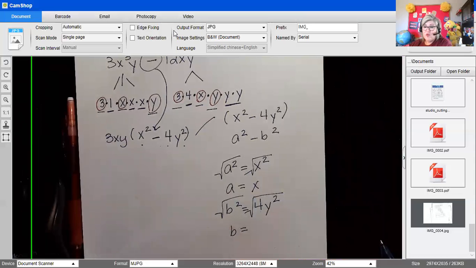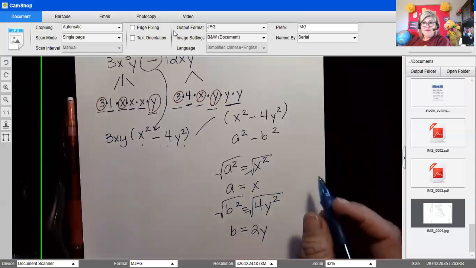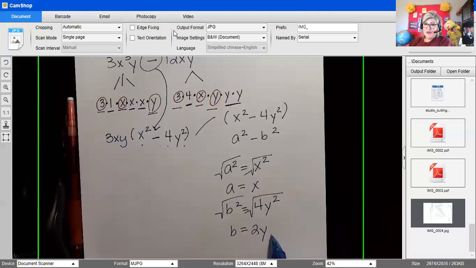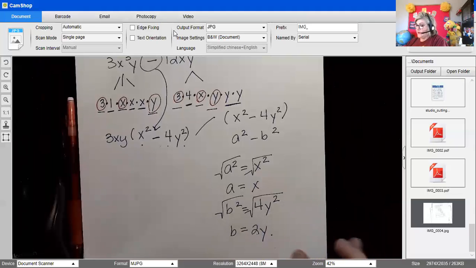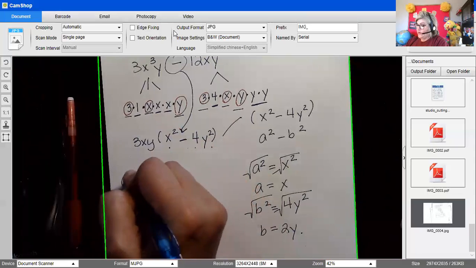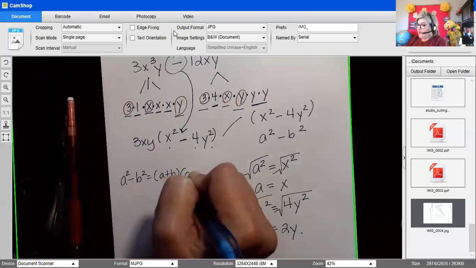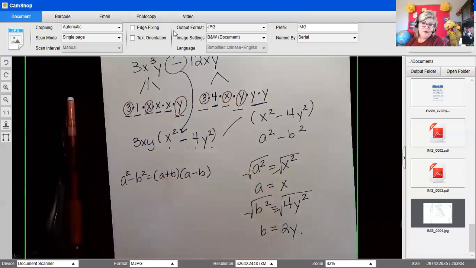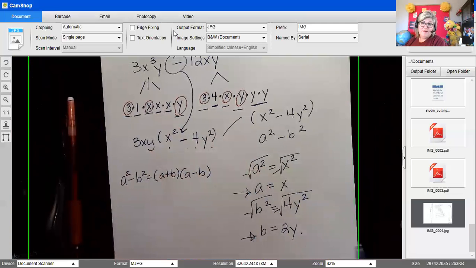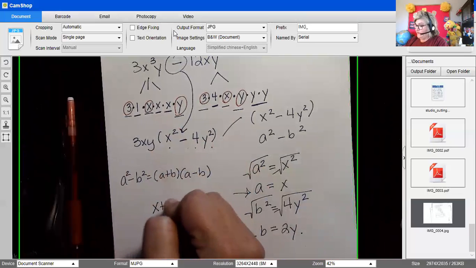The square root of 4 is 2. The square root of y squared is y. And so your b is 2y. Now you can come back to that a squared minus b squared is equal to a plus b times a minus b model and plug in your a and your b. So you have x plus 2y, x minus 2y.